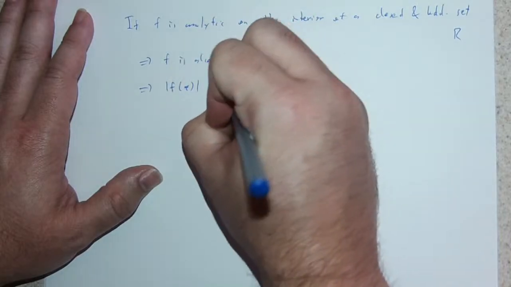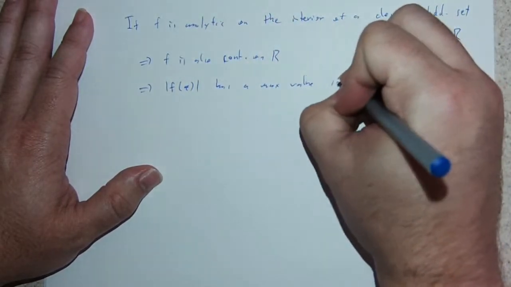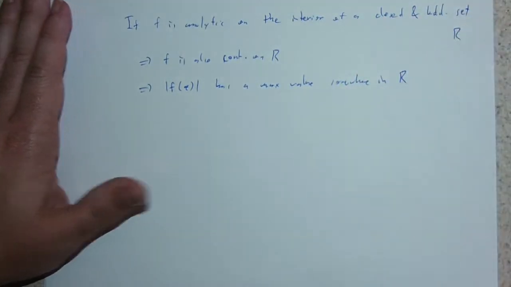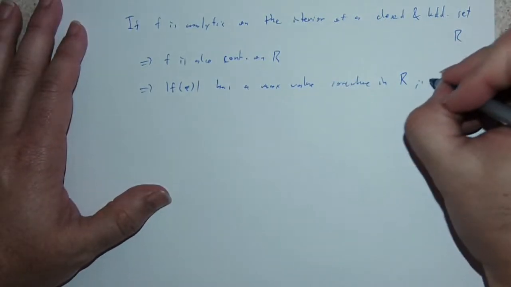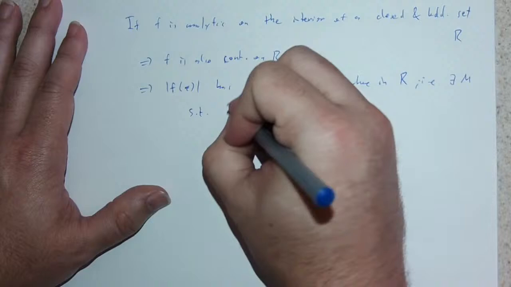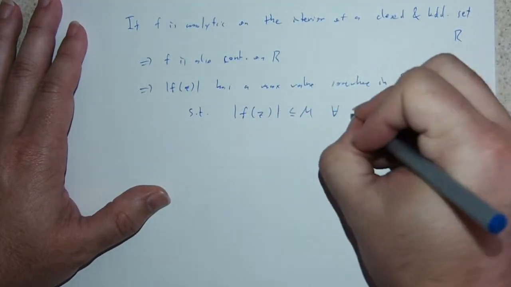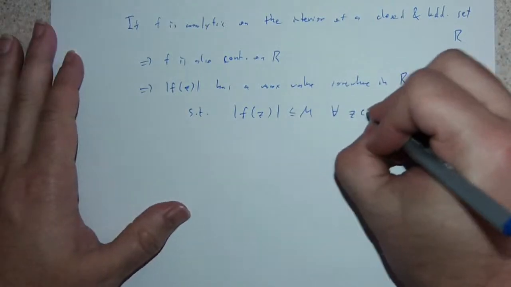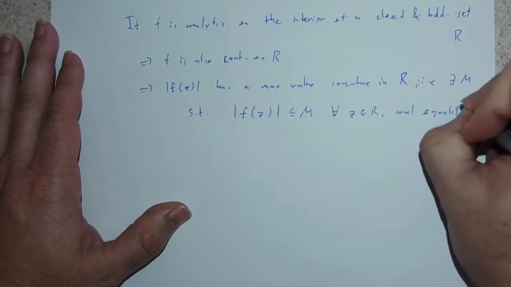f(z) has a max value somewhere in R, okay, i.e. there exists M such that the modulus of f(z) is less than or equal to M for all z in R, and equality happens at least at one point.